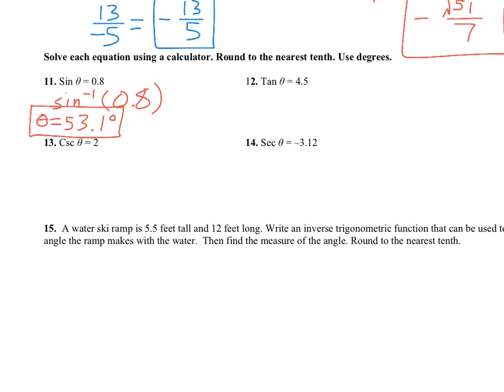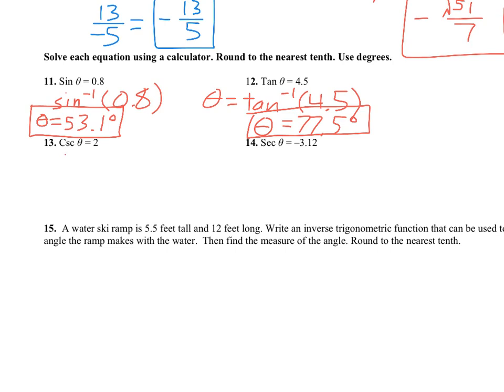Okay, for number 12, you're going to do inverse tangent. So theta equals inverse tangent of 4.5. This gives you 77.5 degrees. Okay, well, cosecant is the reciprocal of sine.